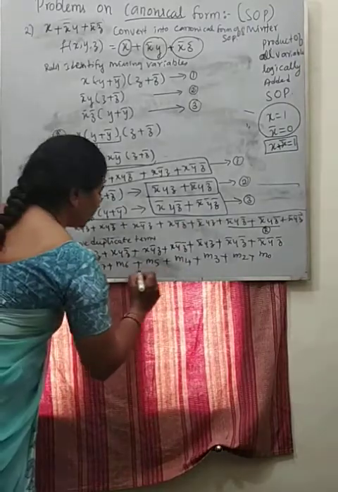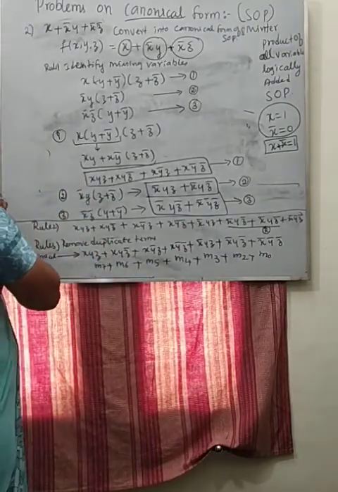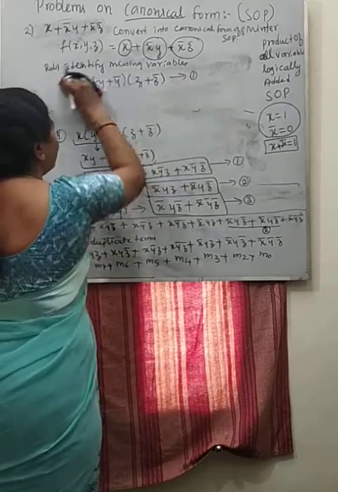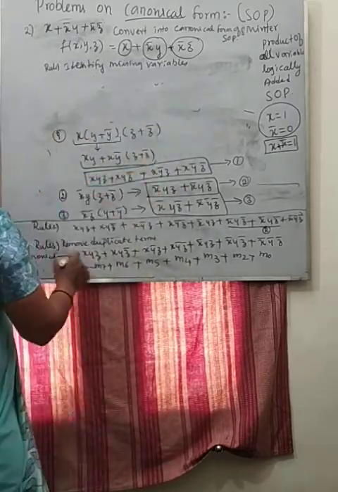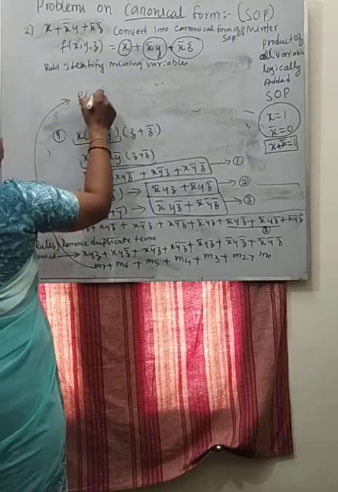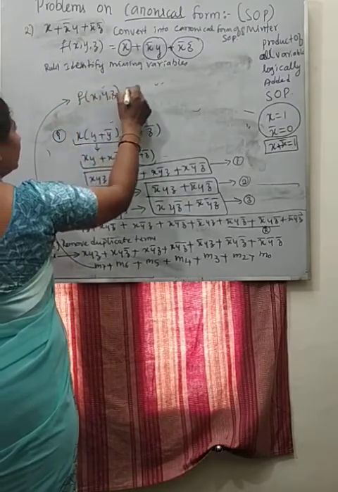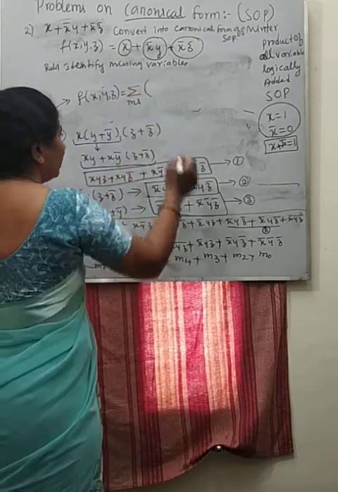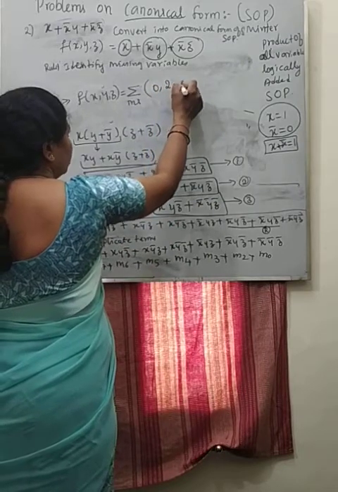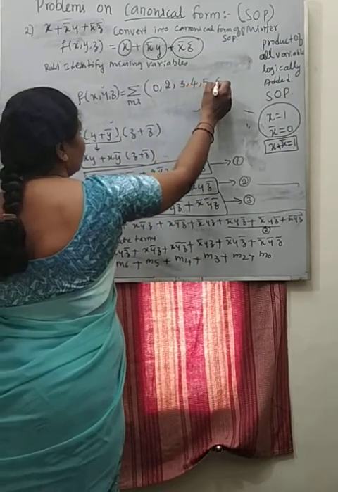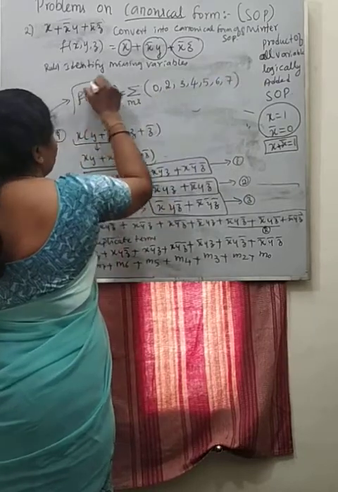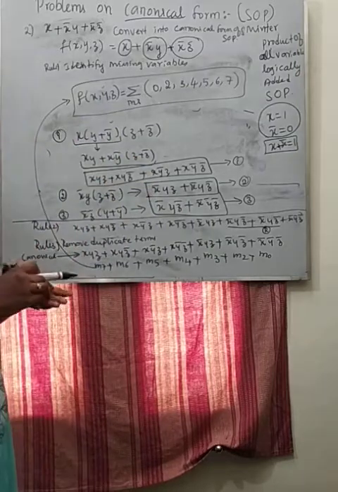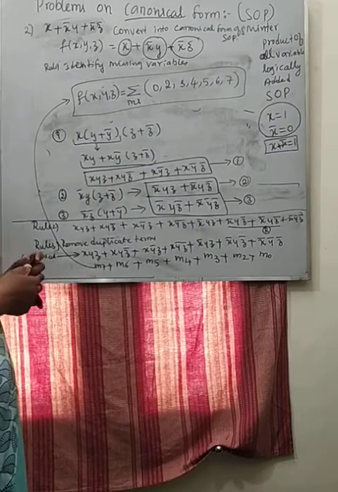So how can I write this in canonical form? f of x, y, z can be written as sigma m of 0, 2, 3, 4, 5, 6, 7. This is your final sum of product. Hope you understood.